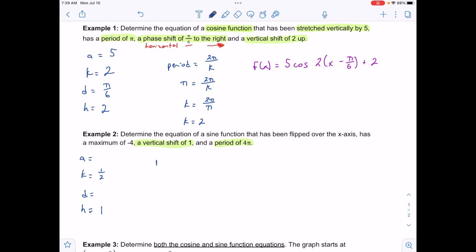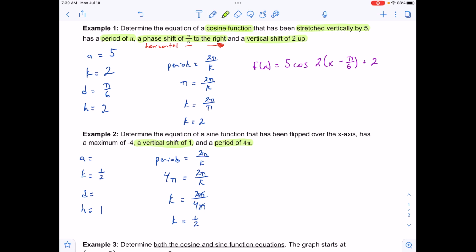And to work that out, remember our period is 2 pi over k, a period of 4 pi, and we rearrange our equation. Pi's cancel out, 2 over 4 simplifies to 1 over 2. We're moving at half speed in order to get there, okay?